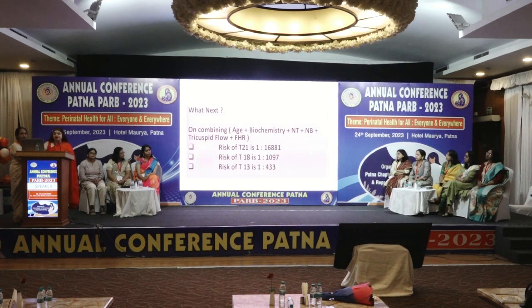And now you see that the risk of trisomy 18 and 13 is very low, isn't it? So based on that, one would actually have gone for invasive testing. So that's something for the audience to really know. Please don't write just double marker, because you can get terribly wrong reports with just double marker.